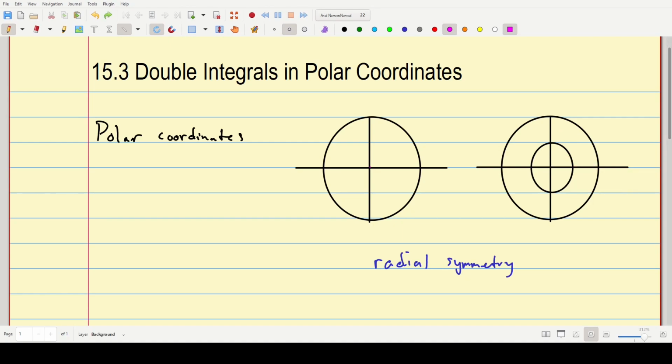So, a domain that is shaped like this would be fine, assuming that these edges line up with an origin.